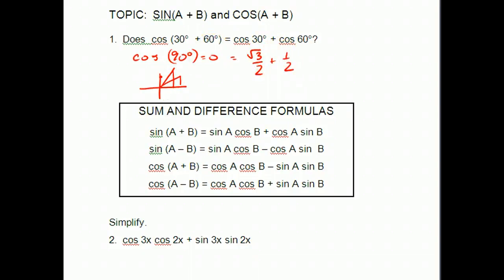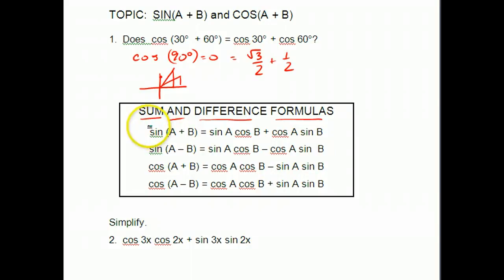So when we find ourselves in that situation where we have a trig function of cos or sine with a couple of different angles added up in here, we go to our sum and difference formulas to get our right values. I'm going to leave it up to you to figure out the little tricks to memorize these.